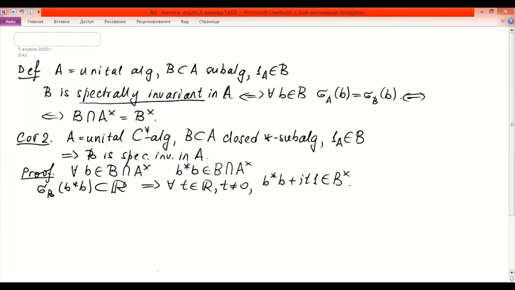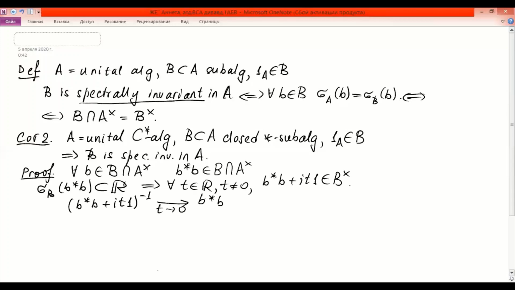Okay, so let's now take the inverse element. So what happens when t goes to 0? Since the inversion in A is continuous, we conclude that this element goes to b star b as t goes to 0.